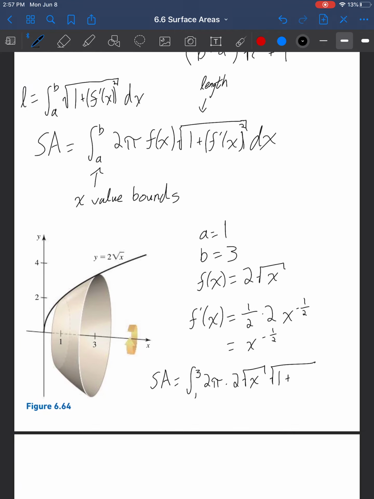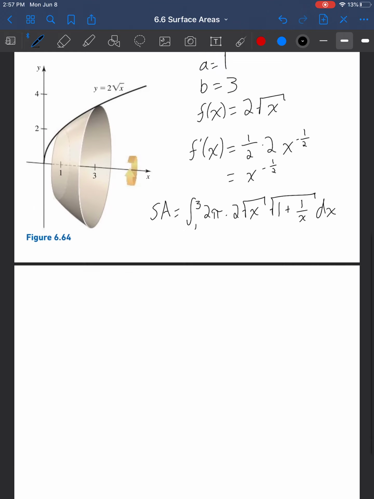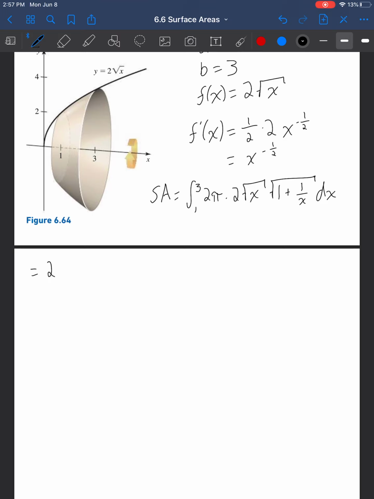There should be a squared there, which means that when I take the square of f prime, I'm going to get x to the negative 1, or 1 over x. 1 over x dx. Okay? I can bring out the 2 pi, and I can also, 4 pi, I have 2 different 2's. 4 pi. And when I'm multiplying two square roots, I can just multiply the inside part. And so I'm going to get the square root of x times 1 plus 1 over x, which is the square root of x plus 1 dx.